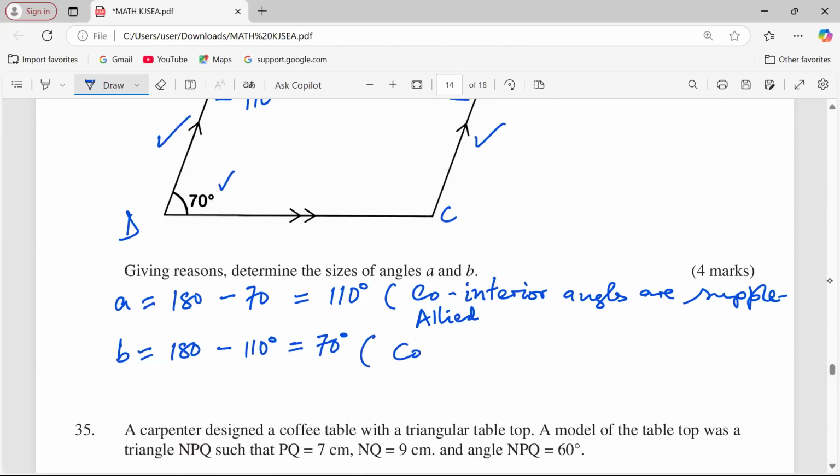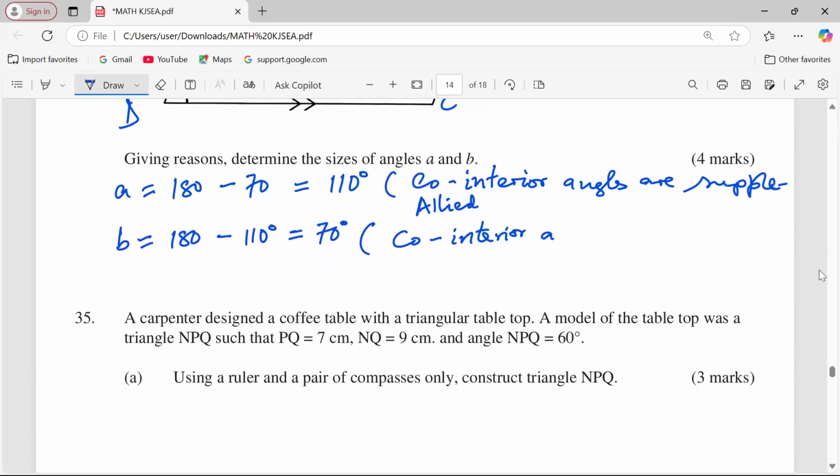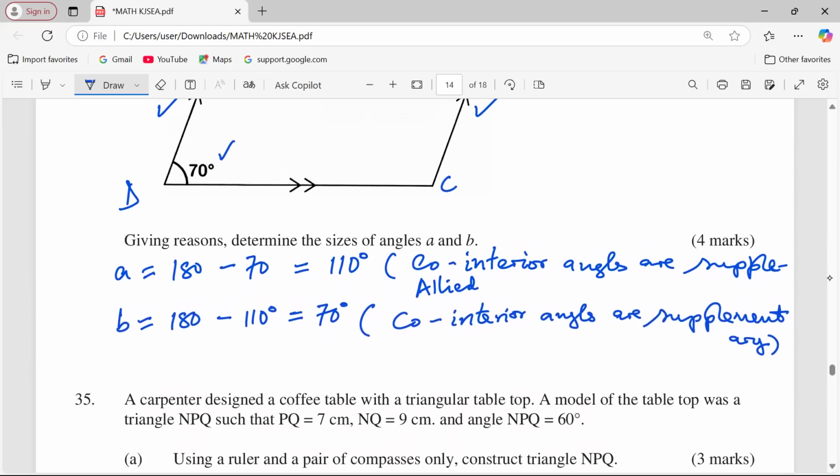The same reason, co-interior angles are supplementary, meaning that they should add up to 180. Therefore, B is 70, A is 110.